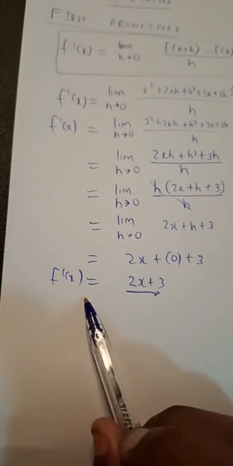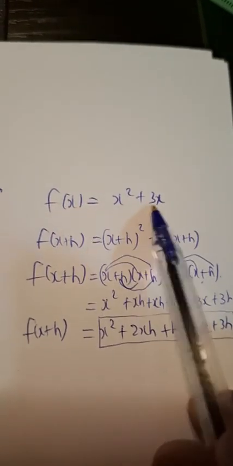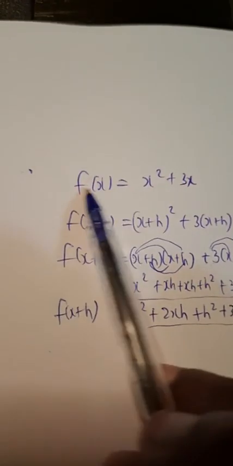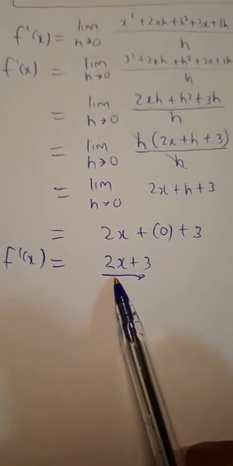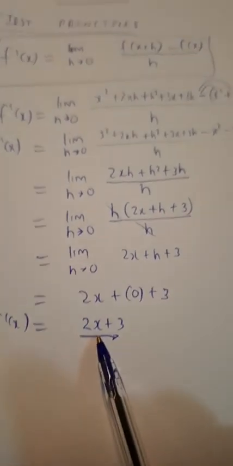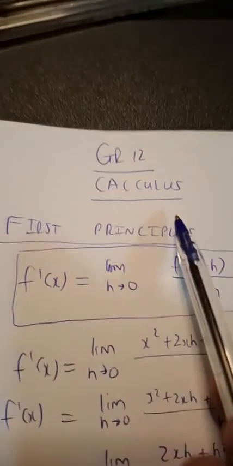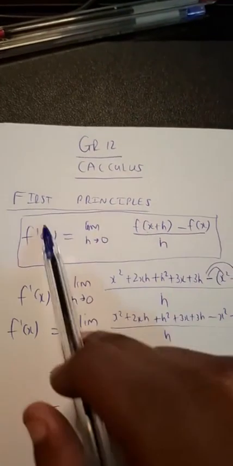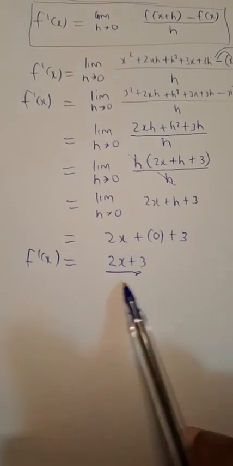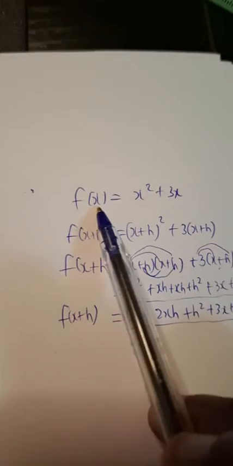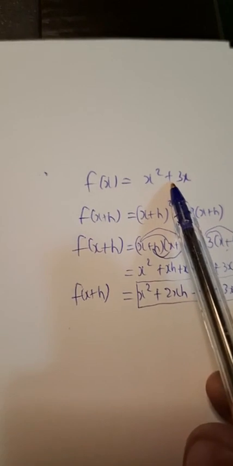So the derivative, the first derivative of x squared plus 3x, which is f of x, is actually equal to 2x plus 3. And that is how we utilize first principles, which is in the formula sheet, like I said, to basically be able to get the first derivative of a particular function, right?